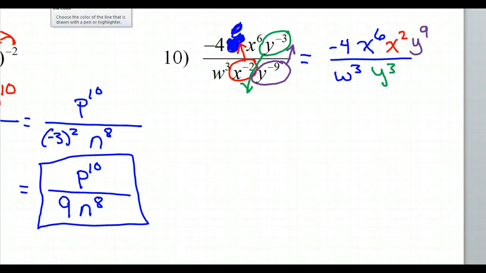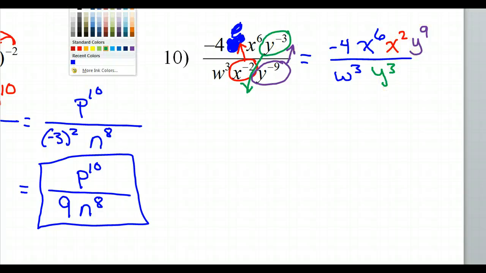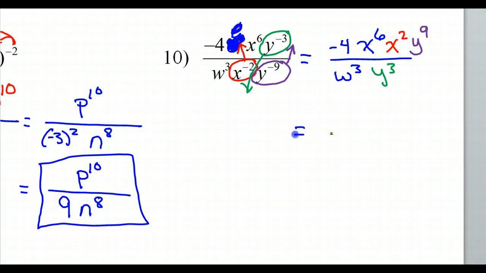Okay, so now we can go ahead and simplify the problem. We'll just have -4 here. There are no other W's, so this is just going to stay W to the third power. The X's, we can put these together, and that's going to make X to the eighth power.